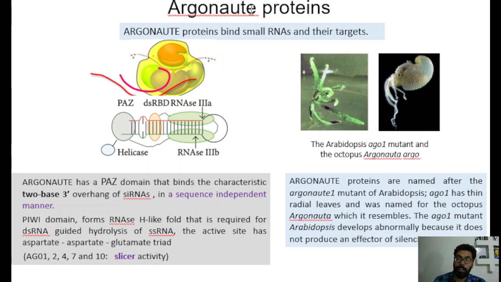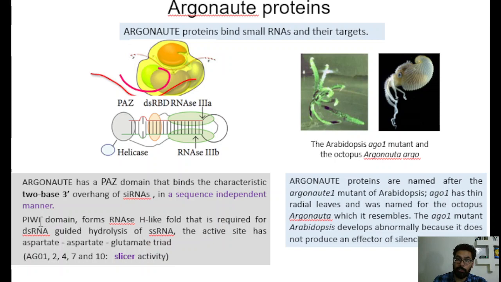So coming to the Argonaute proteins, it binds to the chopped off small RNAs generated by the dicer or dicer-like protein. It is also an important component of the RNAi machinery, and it has a PAZ domain for binding the 2 base 3' overhang that we already discussed, produced by the dicer proteins.